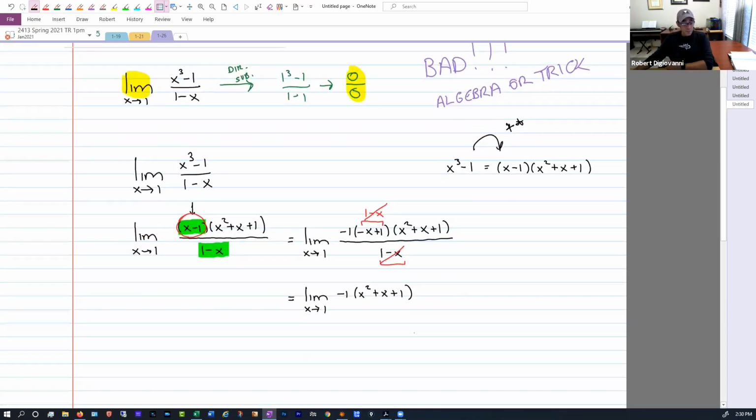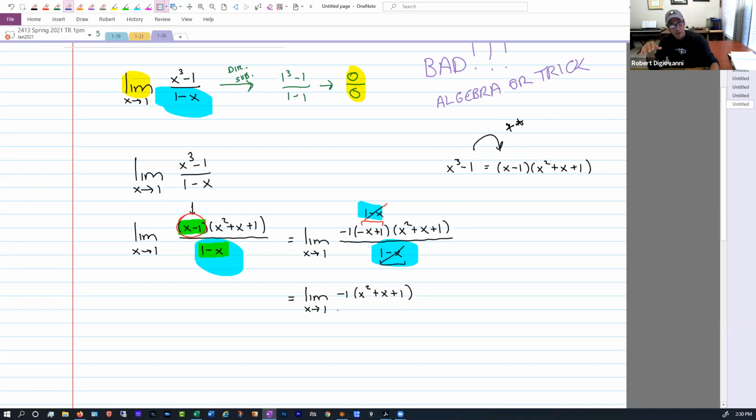And now at this point, I'm going to use direct substitution, because what we've essentially done is the part that was causing the division by 0, right? That part in blue there, the 1 minus x, that was causing division by 0, and it was causing a problem. But because of our clever factoring, getting it to cancel, now I don't have division by 0. So I can just use direct substitution.